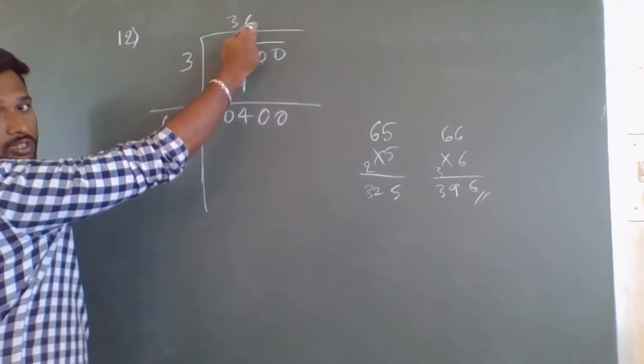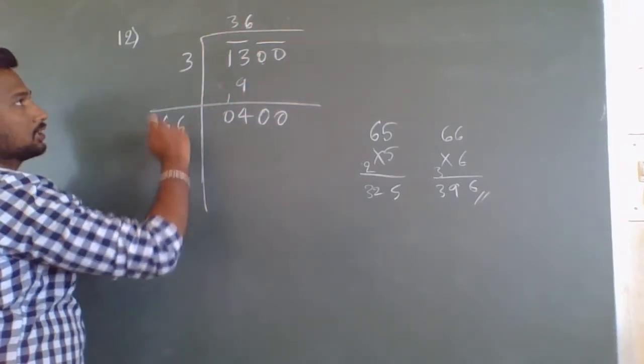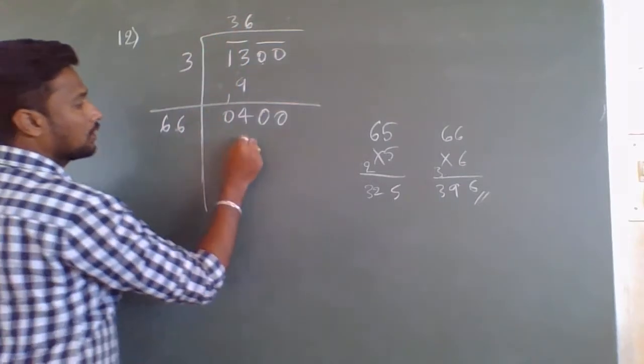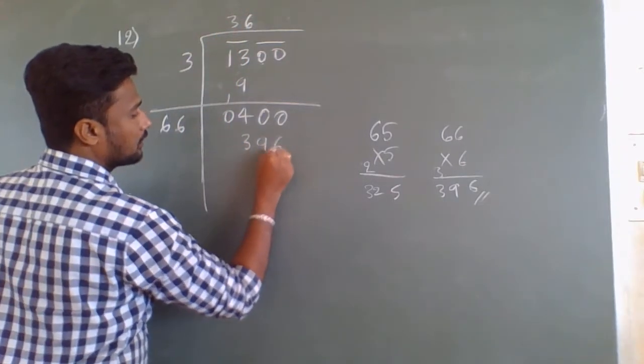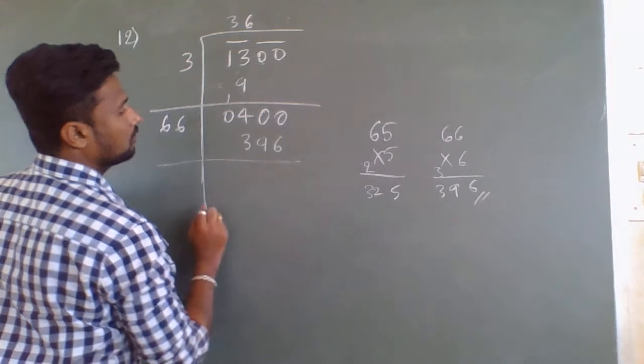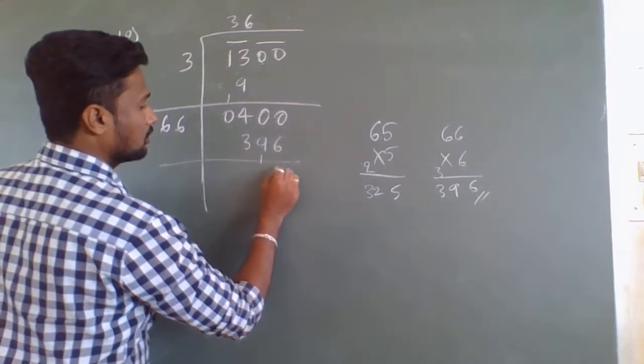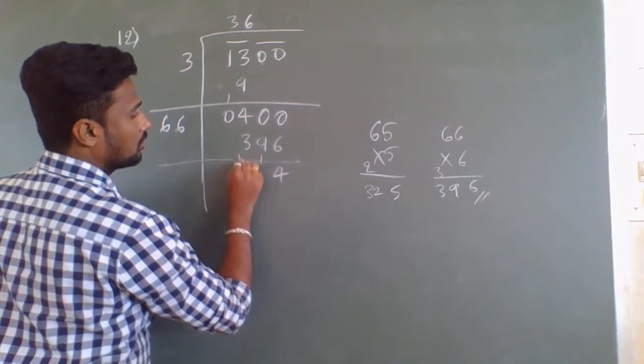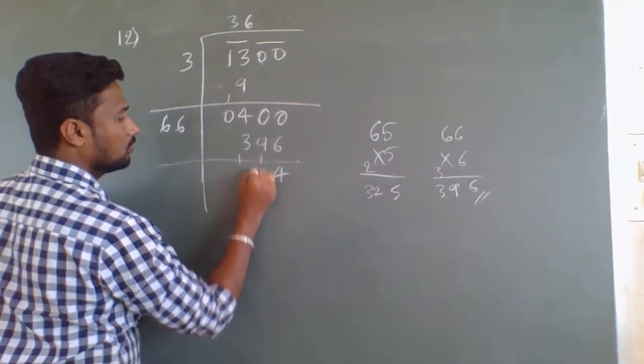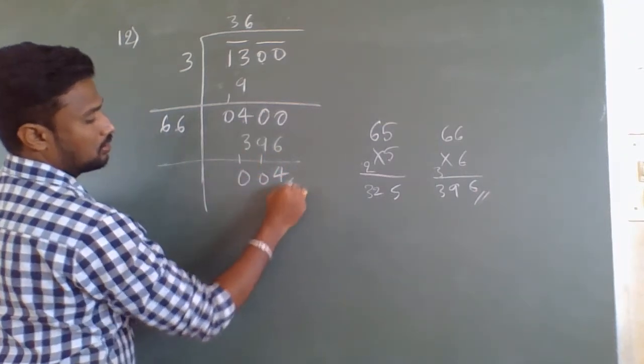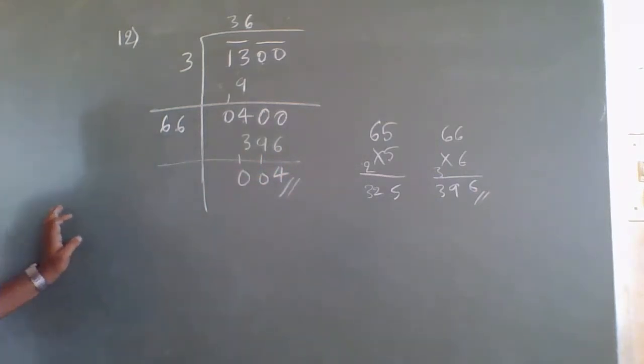So 66 into 6 is 396. Then 10 minus 6 is 4, 10 minus 10 is 0, 4 minus 4 is 0. So 4 is the remainder we have now.